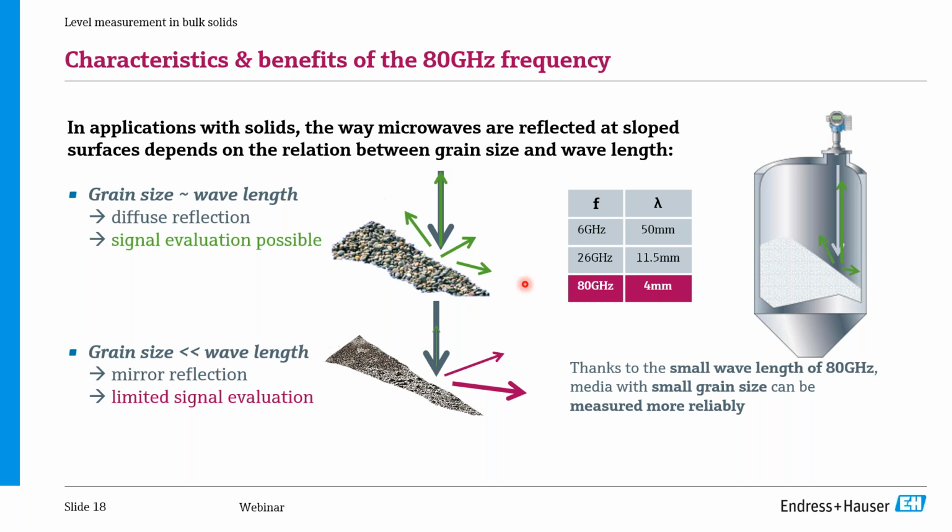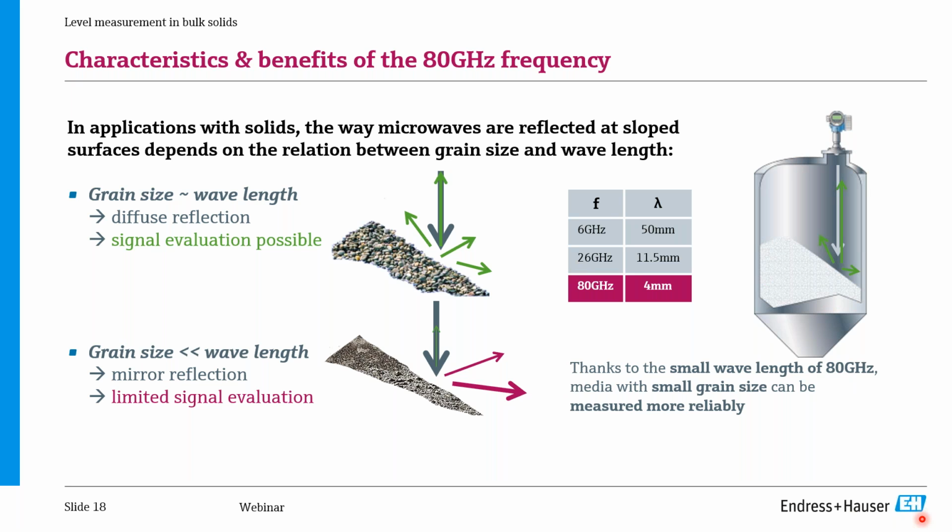If we compare it with other radars with different operational frequencies, for example, the 6 gigahertz, which is the first radar we launched to the market, the wavelength is something around 50 millimeters. So you really need to have very large particle size to have a very good reflect signal going back to your device.